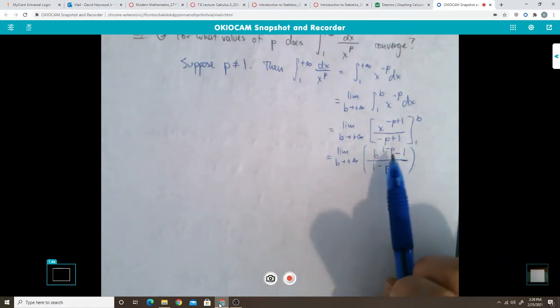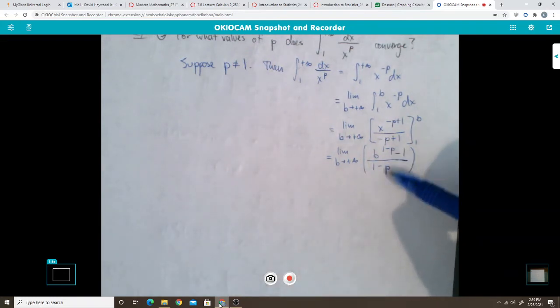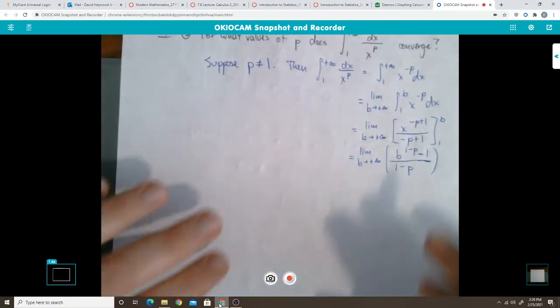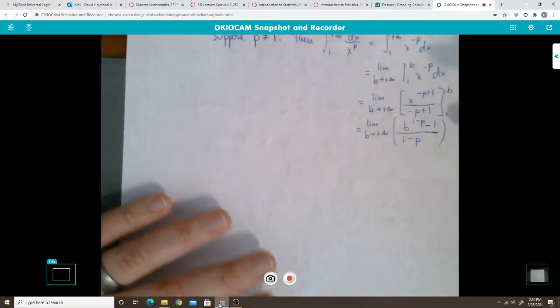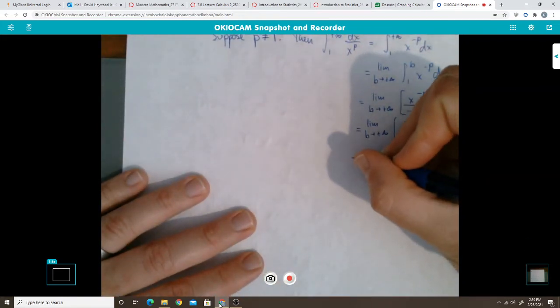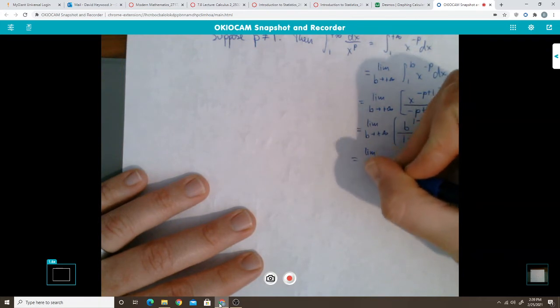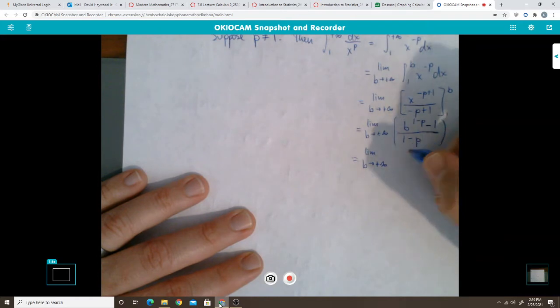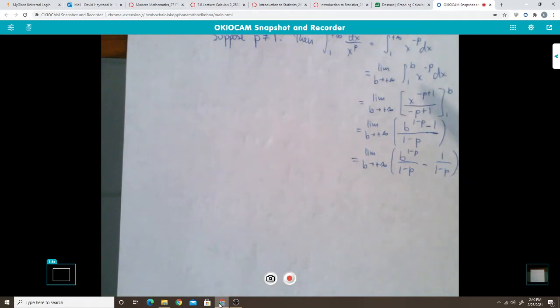So I was plugging in positive infinity to p, but p is just a constant number. So here's how I'm going to approach this. Let me rewrite this as the limit as b goes to positive infinity of b to the 1 minus p over 1 minus p minus 1 over 1 minus p.